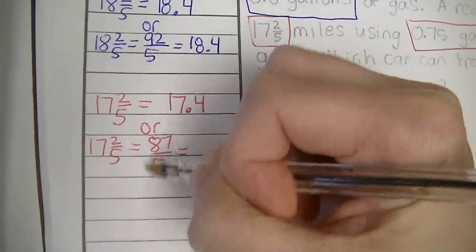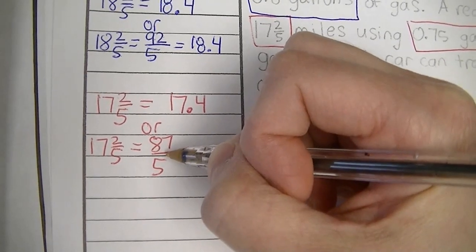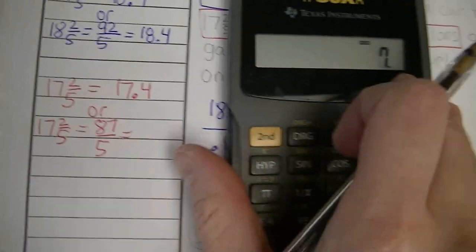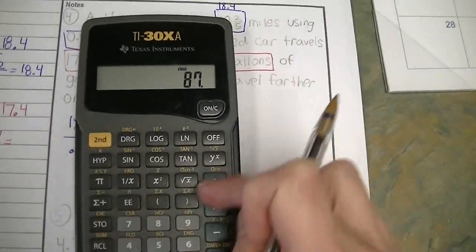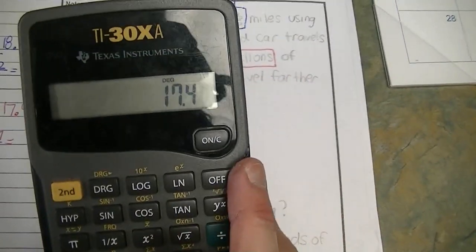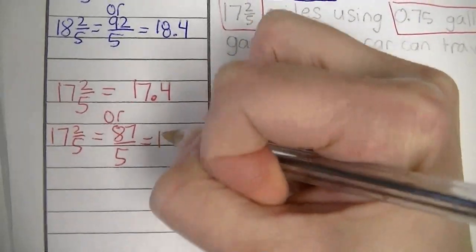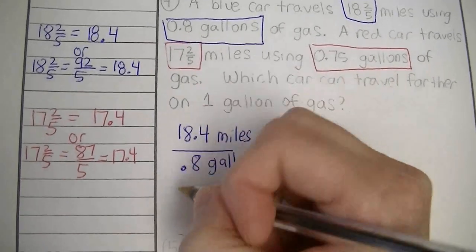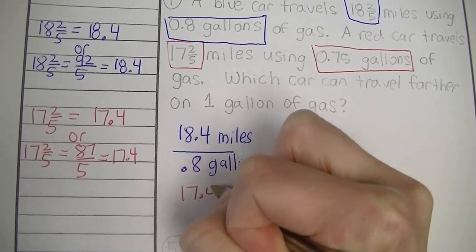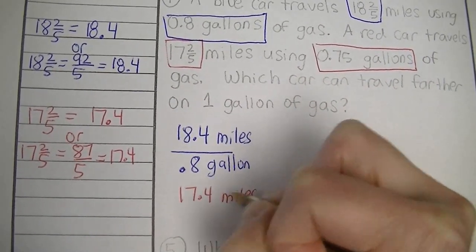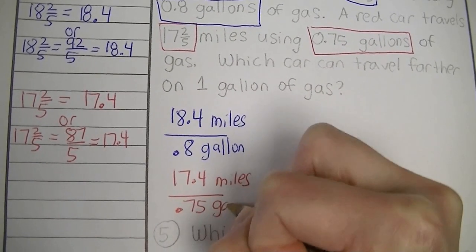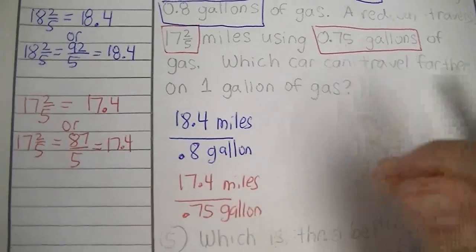And from there, when you have your improper fraction, you can turn it into a decimal by going 87 divided by 5. 87 divided by 5 equals 17 4/10. Okay, so for that red car, I'm going to go ahead and write 17 4/10 miles on 75 hundredths gallons of gas. And that also is a rate.